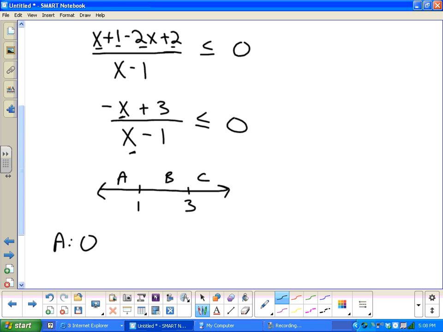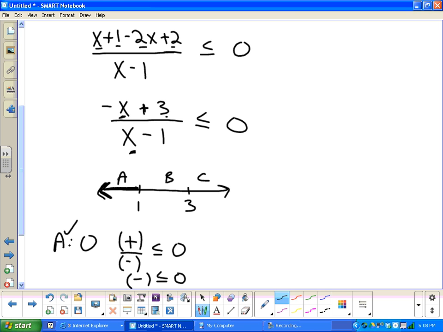Let's plug in 0. So if we plugged in 0, 0 plus 3 there would just be a +3. And then 0 minus 1 would be a negative. And so we've got a positive divided by a negative, which would be a negative. And a negative is less than or equal to 0. So interval A is going to work out for me.